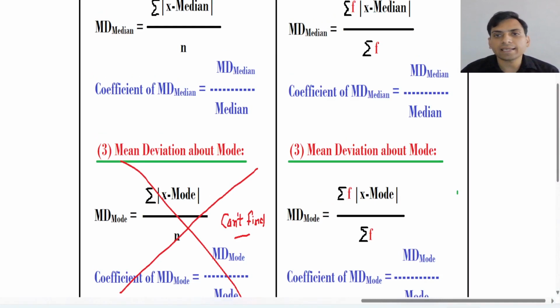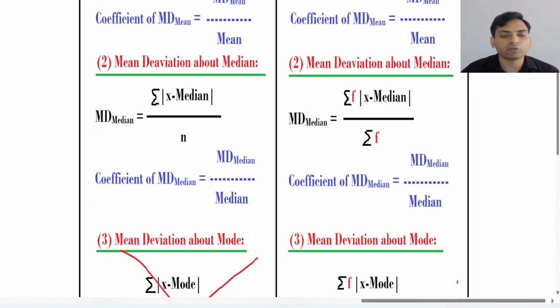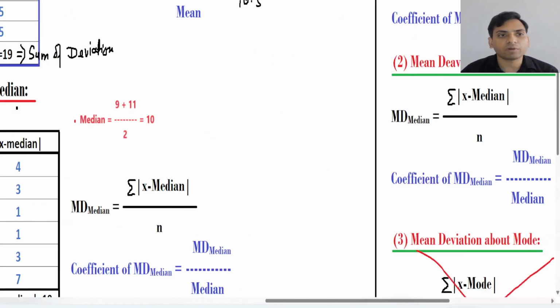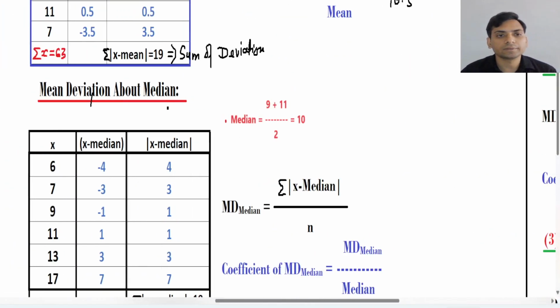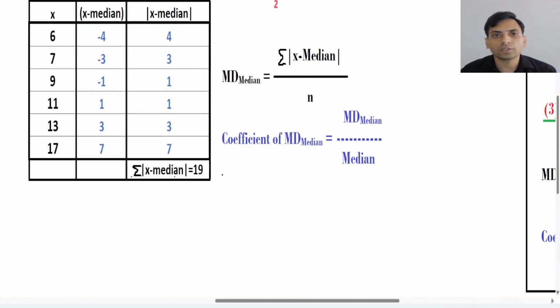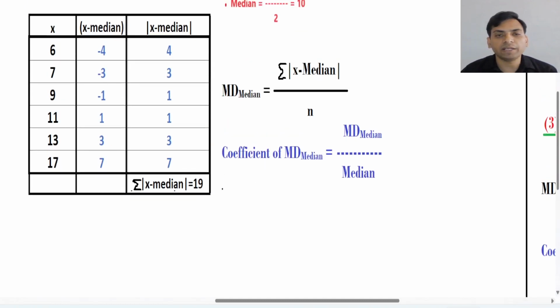Now we will see an example of mean deviation about median for individual data. This is the formula, and we have x. The first task is calculation of median. I have calculated this median, and I will share the link of the median lecture in the description. The median here is 10.